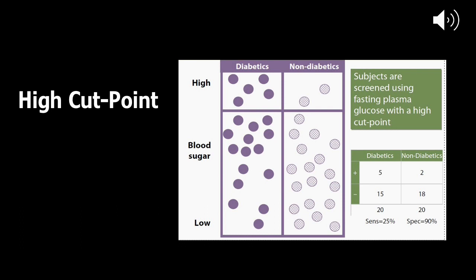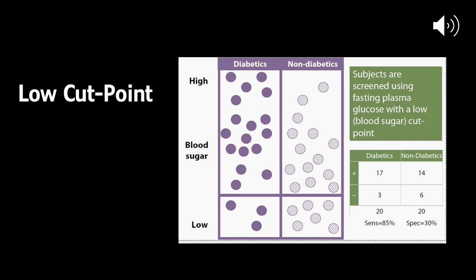If your cutoff point is too high for diabetes, the sensitivity would go down, but the specificity would go up. The people who truly have the disease wouldn't be included, but for the people who don't, you have a high amount who are truly not being included. So the sensitivity would be high, but the specificity is low. I'm sorry, the sensitivity is low, but the specificity is high.